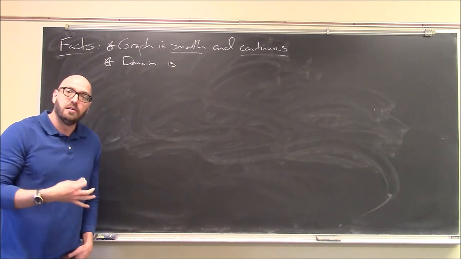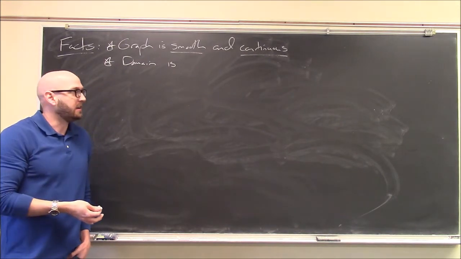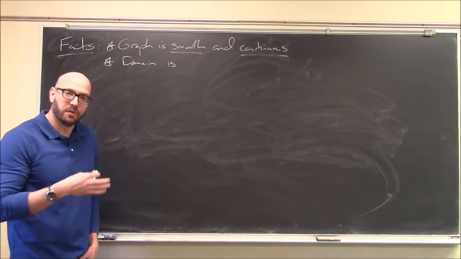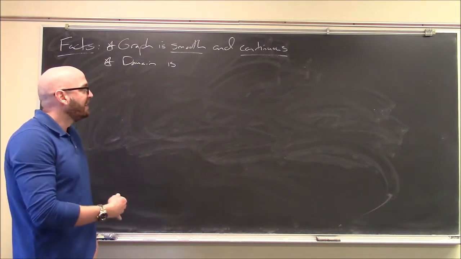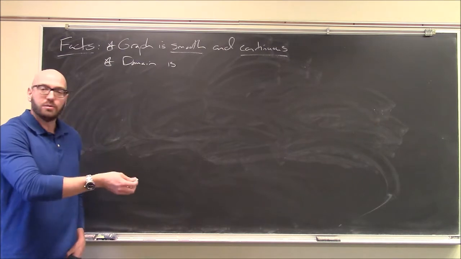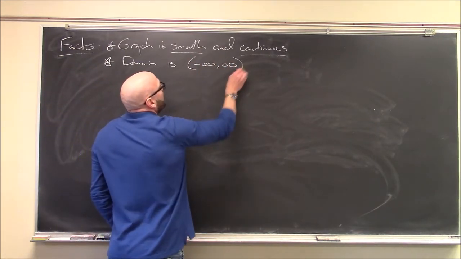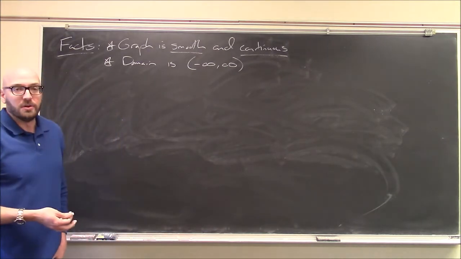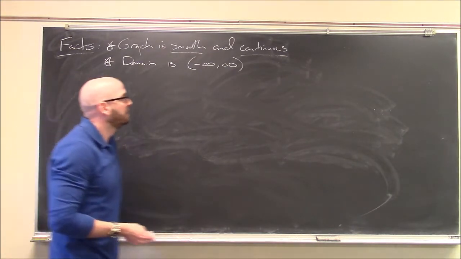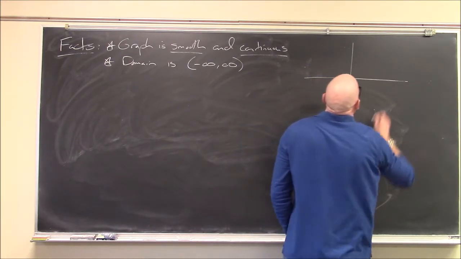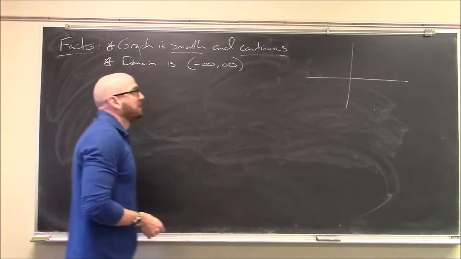Well, this is all the x values that we're allowed to plug in. And remember, the only things we would look out for are when we divide by 0 or take square roots of negative numbers. And of course we never do that with polynomials, so the domain is all real numbers, in interval notation from minus infinity to infinity.